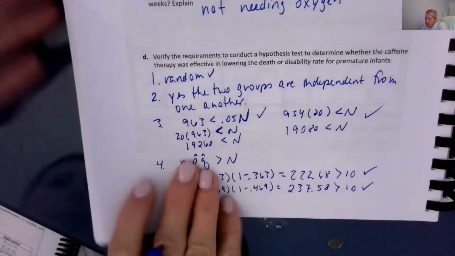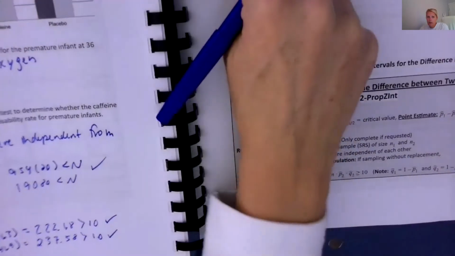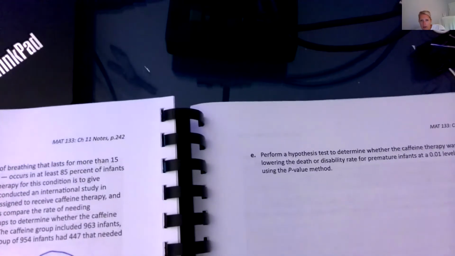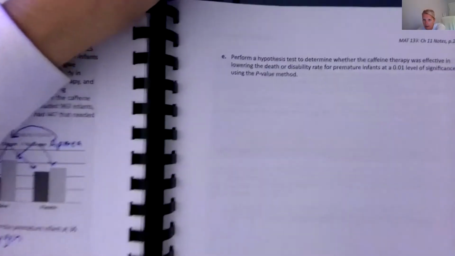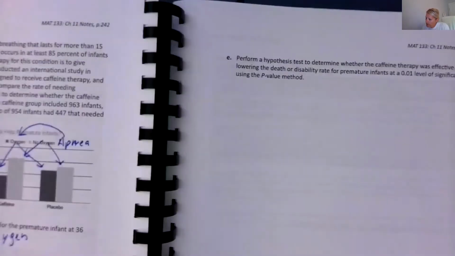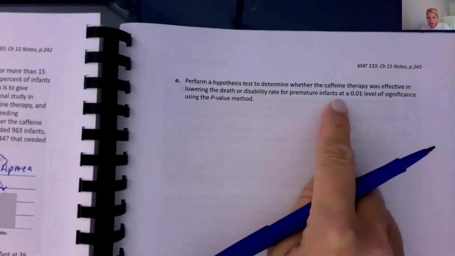So now we can move to page 243. 243 is asking us to perform a hypothesis test to determine whether the caffeine therapy was effective in lowering the death or disability rate for premature infants.